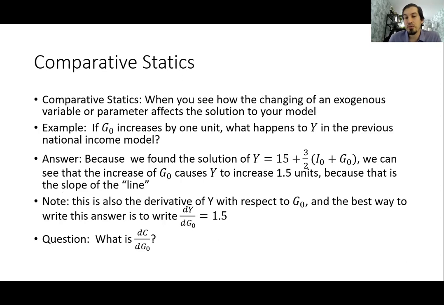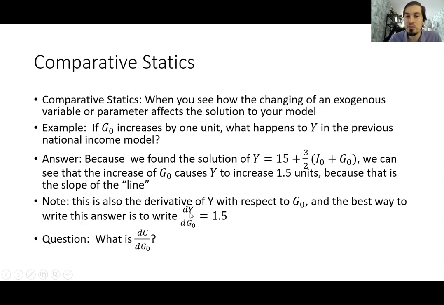This is the first case where we really would like to use calculus to have a better description of a comparative static. Rather than just this general thing, what happens when you change an exogenous variable? Let's get more specific. And hopefully you're okay with this notation with the d something over d something. It doesn't mean divided by.